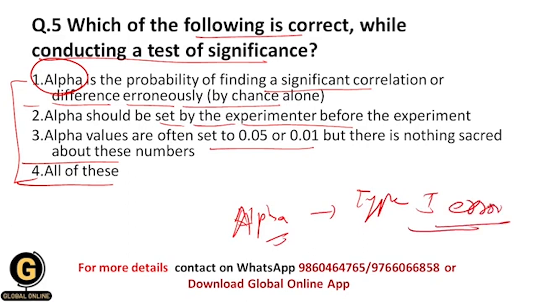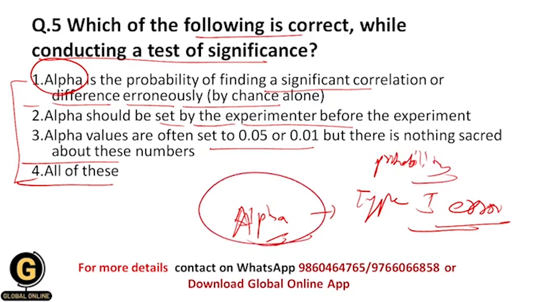The probability of occurring type 1 error is called alpha. Ultimately, alpha is the probability of finding a significant correlation or difference erroneously. All of you getting? Because this is the probability of occurring a type 1 error, ultimately this is the probability of finding a significant correlation between the variables or difference between the variables, but by chance alone.